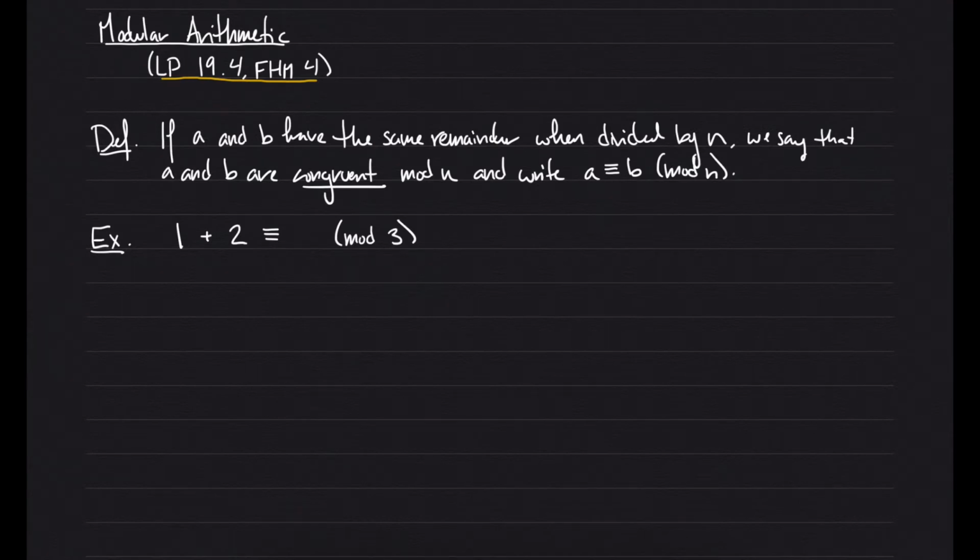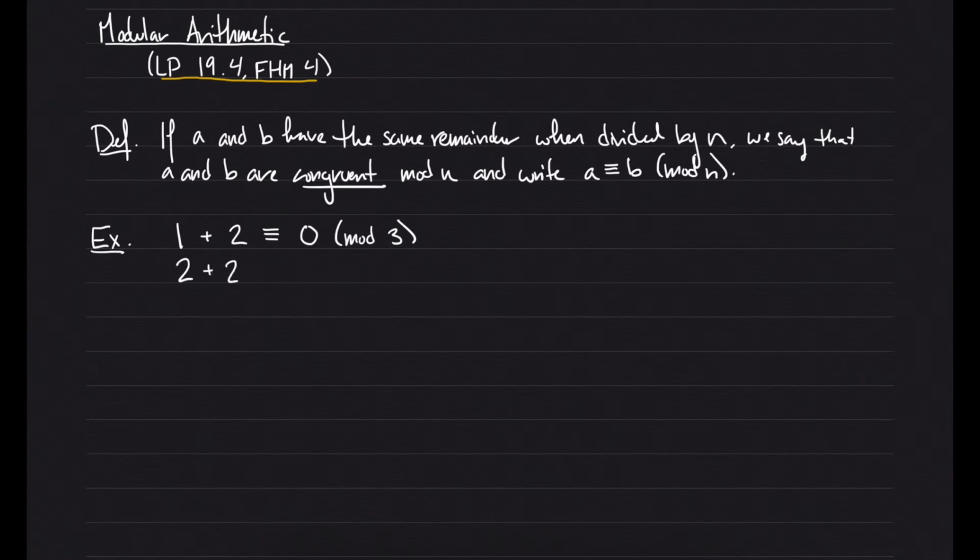So we could write 3 or 6 or 9 or 0. They're all congruent mod 3, but we choose to write 0 here because it's the smallest natural number that's congruent to 3 mod 3. Right? So 1 plus 2 is 3, of course, normally. And then we choose here the smallest number that's congruent to 3 mod 3. So we say that 1 plus 2 is congruent to 0 mod 3.